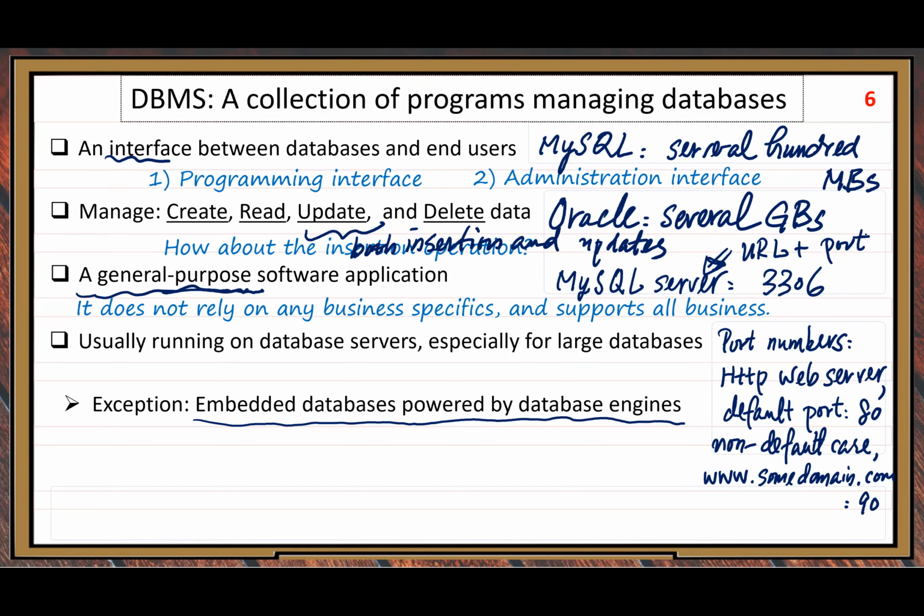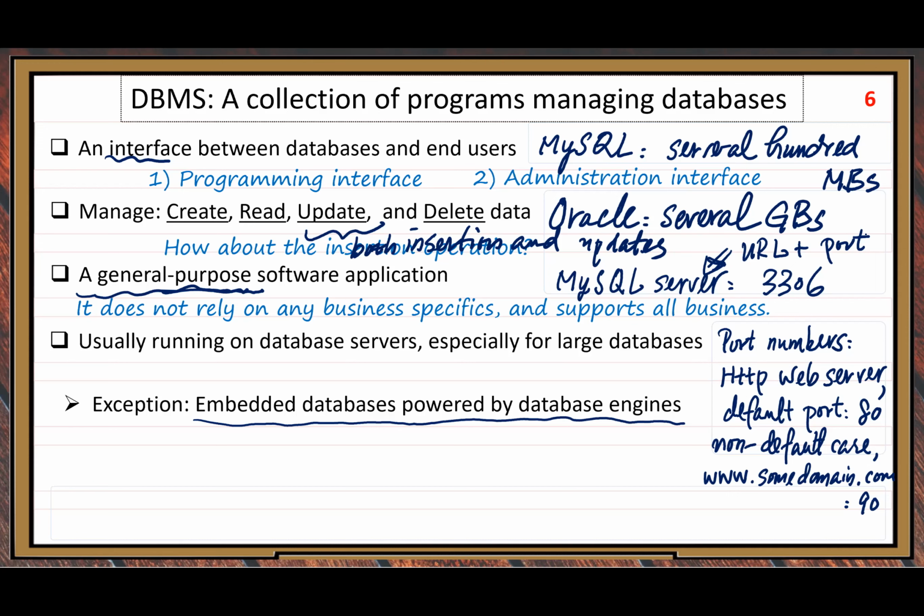All right. And here, for this embedded data, usually they're relatively small DBMS. Small DBMS, okay? Embedded, so we do not use the internet to access the small database. So usually embedded in mobile devices.